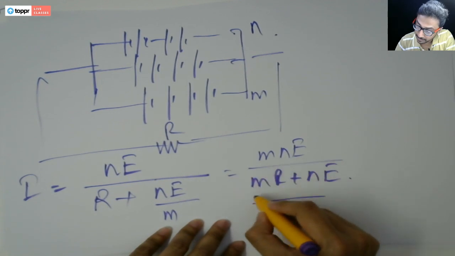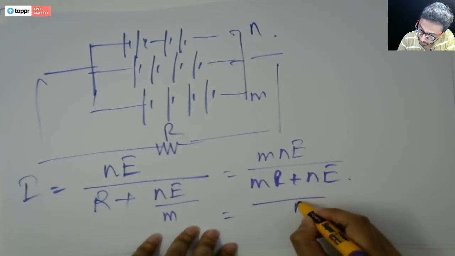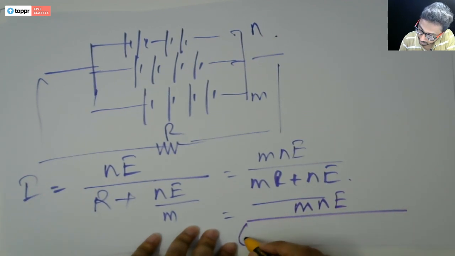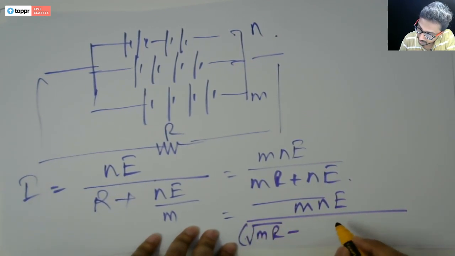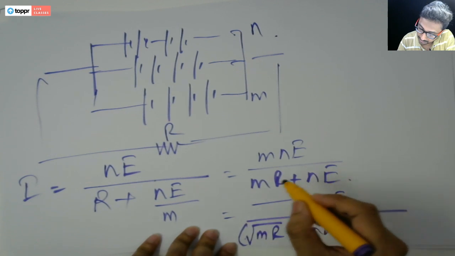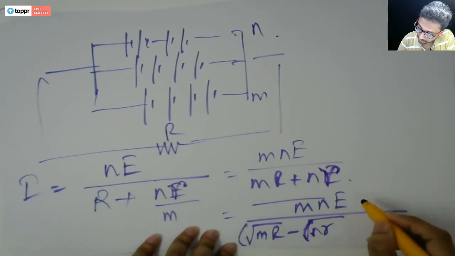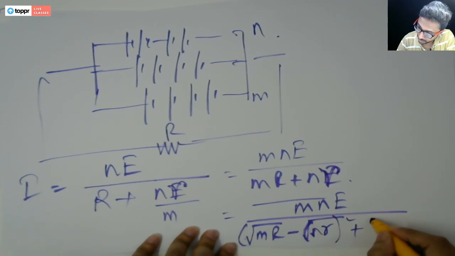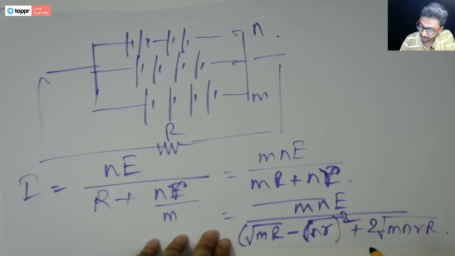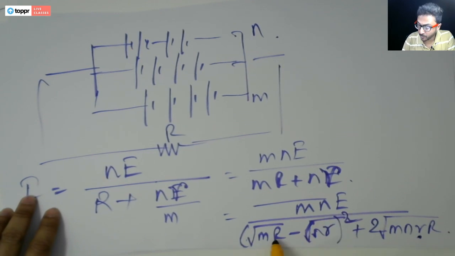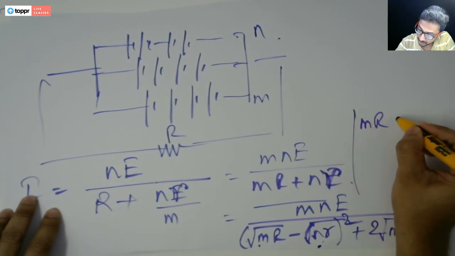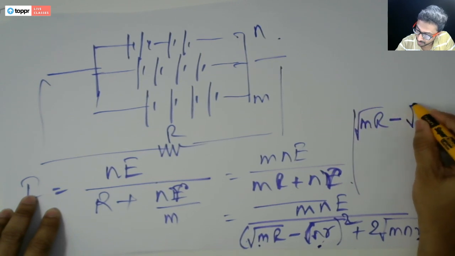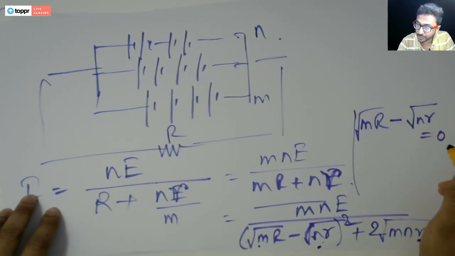And with a little bit of algebra, you can write this in the form of the square of (root of mR minus root of nr) plus 2 root of mnRr. Now this square term can become 0 when root of mR minus root of nr equals 0.